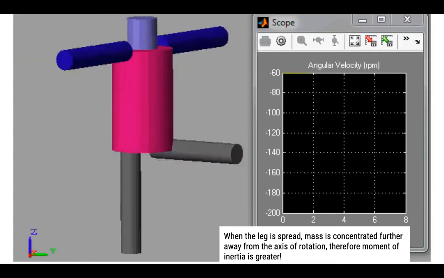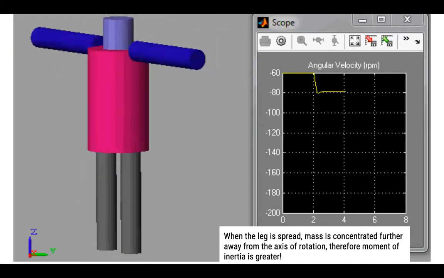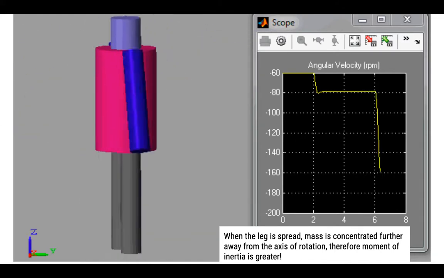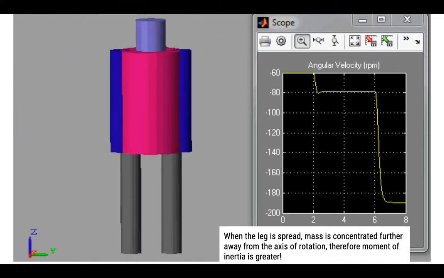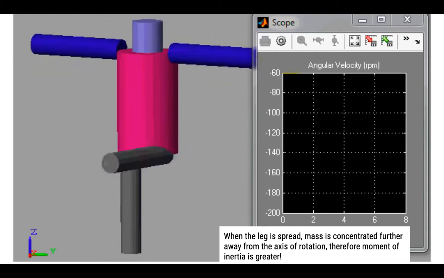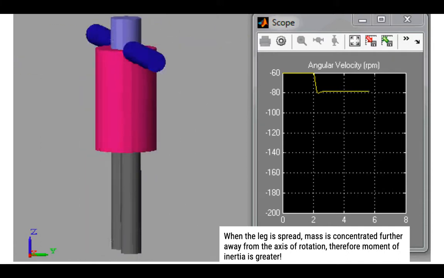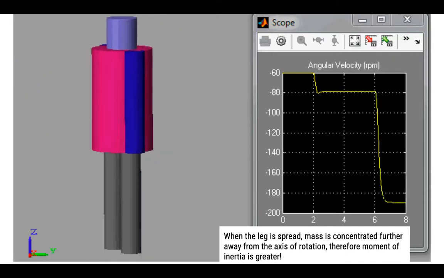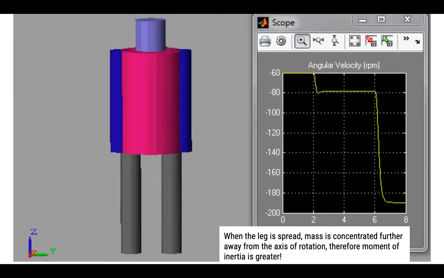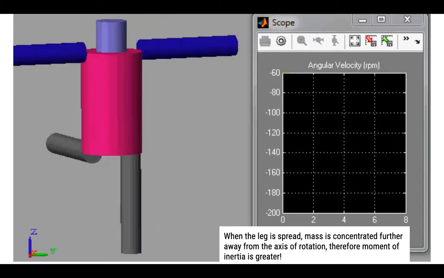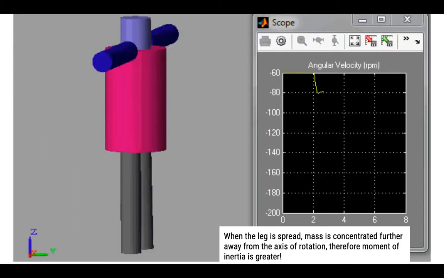So looking at the simulation, why do we think that the magnitude of the angular velocity is increasing, but in the negative direction? We know that the direction, when we're talking about angular velocity, corresponds to the direction of rotation.